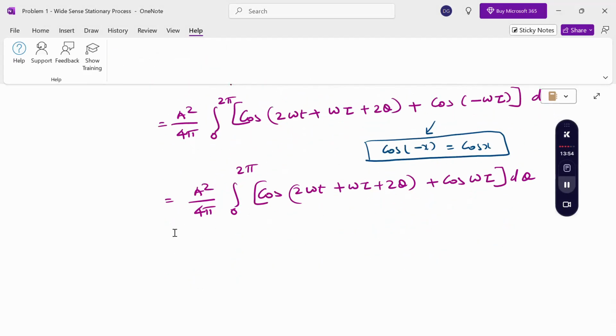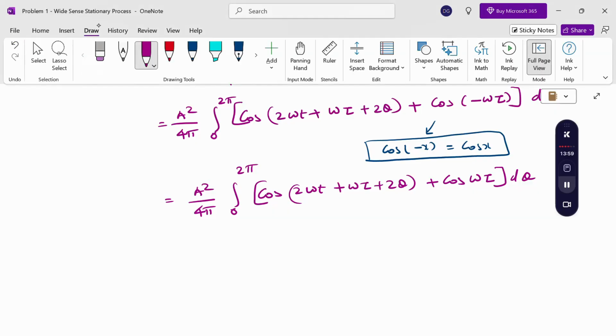Now integrate: θ is the only variable in the first term, the other terms are constant.